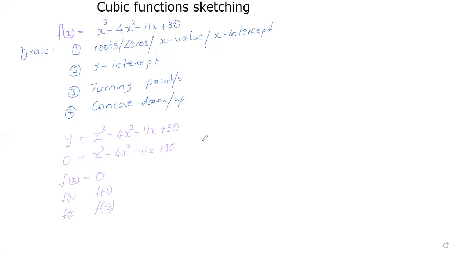Let's start with the positive ones first here. y is equal to x cubed minus 4x squared minus 11x plus 30.